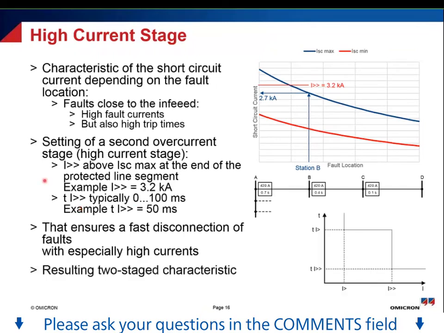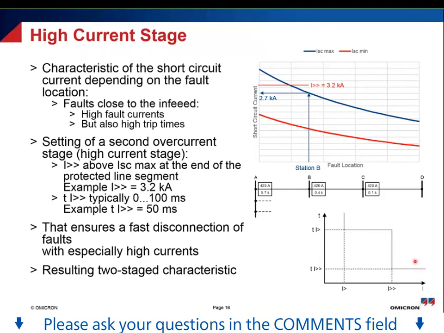The resulting overcurrent protection characteristic will now look like this. This is a two-stage overcurrent protection. Here you can see the first stage with a lower pickup value but a higher trip time, and then the second stage, our high current stage, with a high pickup value but therefore a very fast trip time.